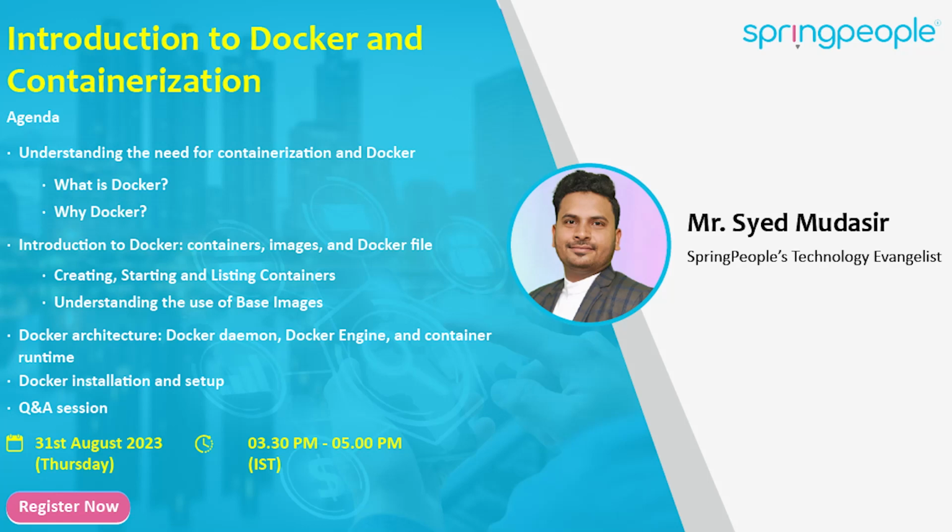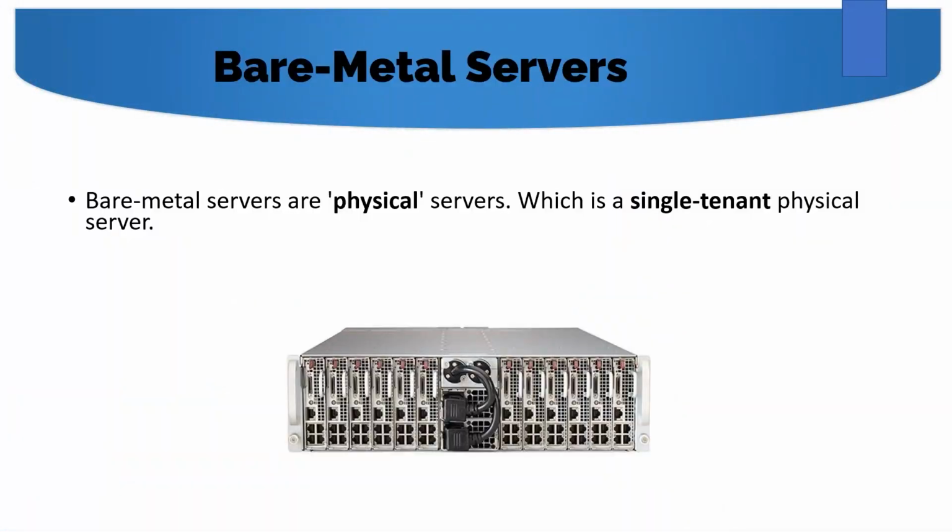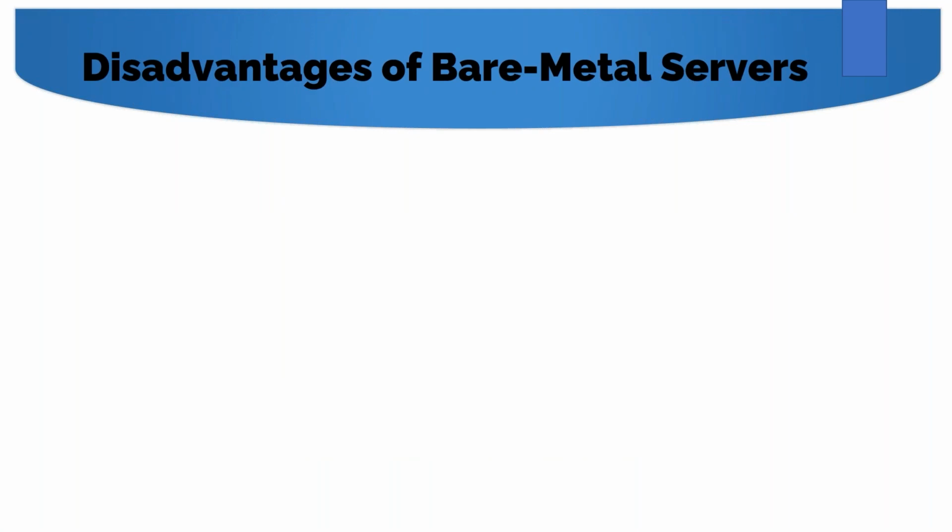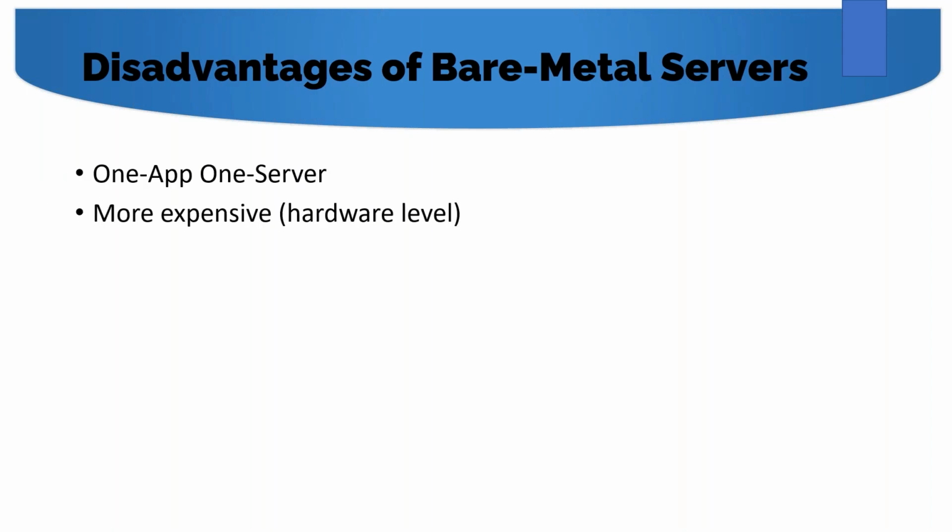So this is how the bare metal server looks like. The main disadvantages of the bare metal server are that you can host only one application per server, and it is more expensive because every time you need to pay huge money, since you're hosting your application directly on the server. There is also a mismatch of capacity for every business.